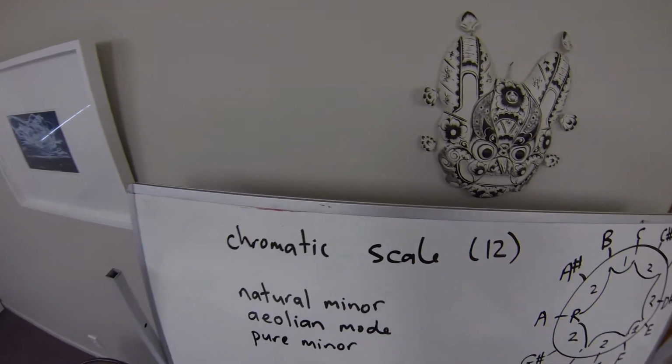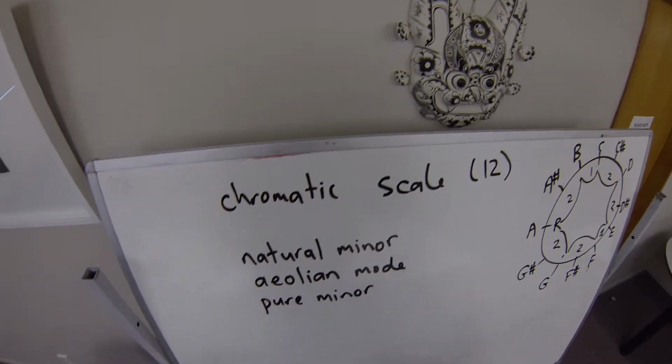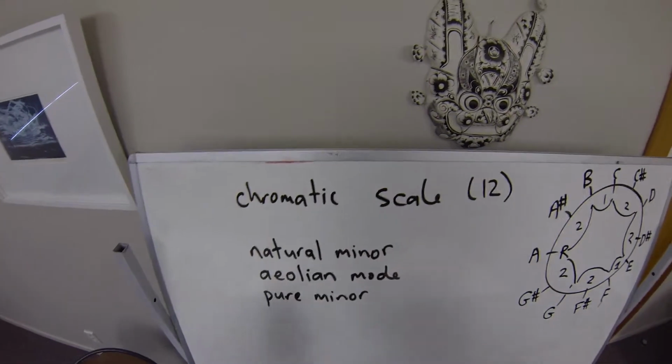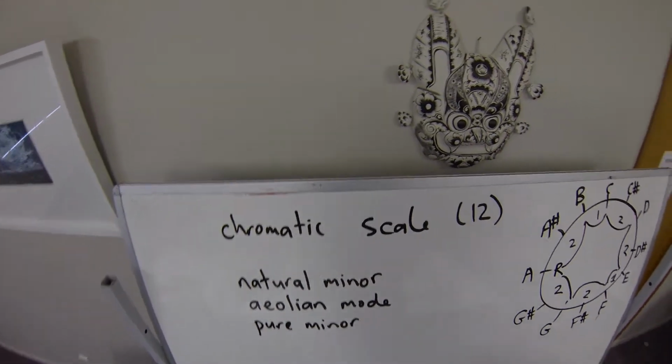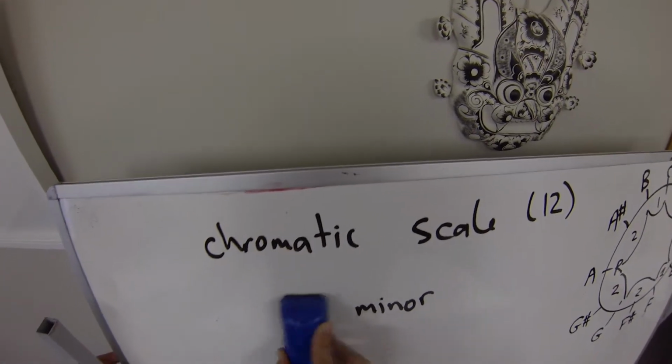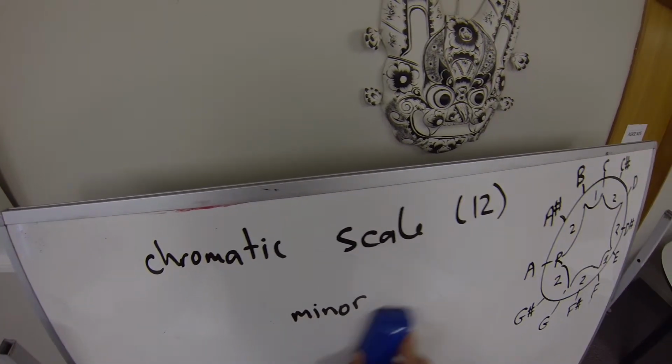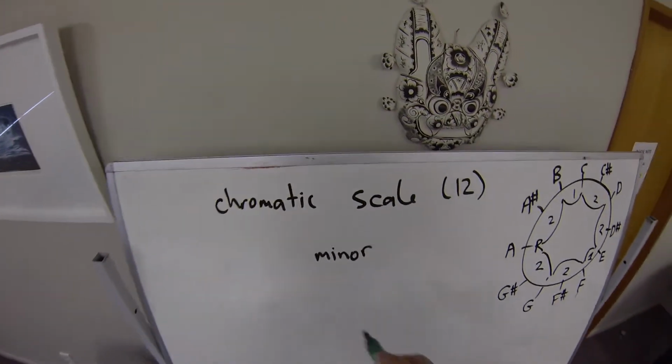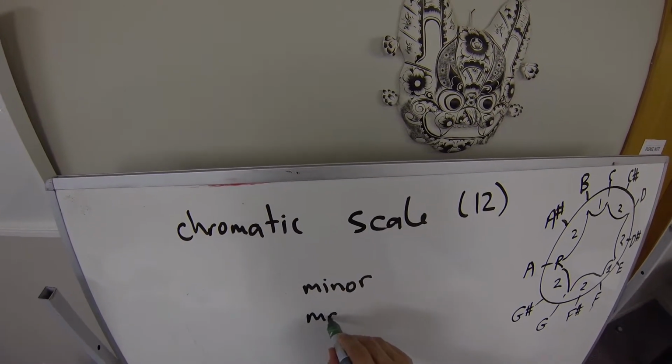And that's our natural minor, aeolian mode, and pure minor. Now, for the purposes of this level of music theory, that scale is going to be known as the minor. Let's get rid of all those other words. And the other really important scale we're going to learn is the major.